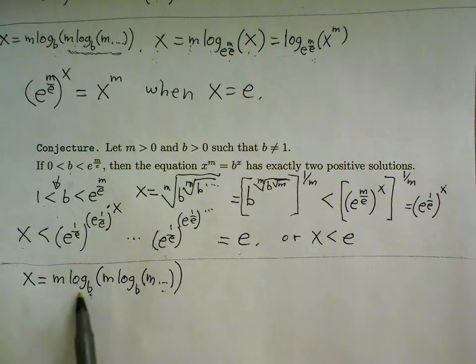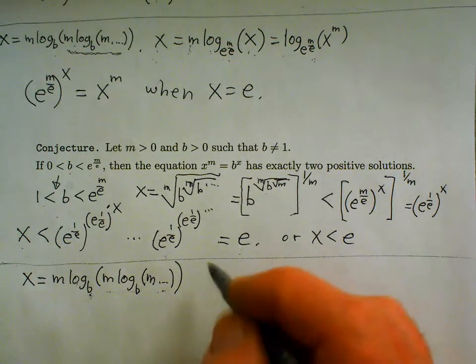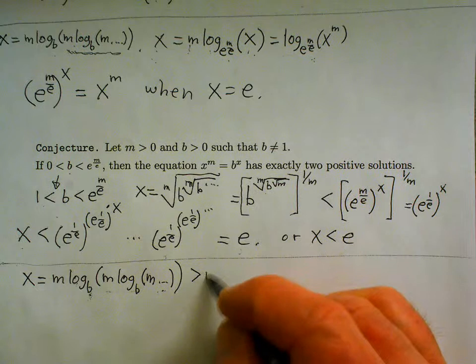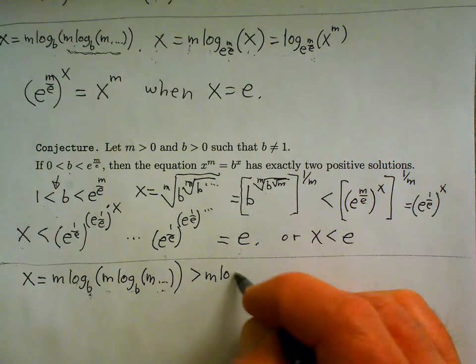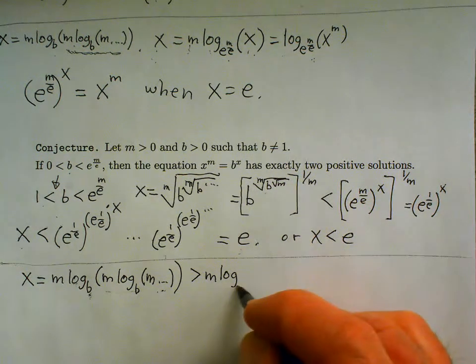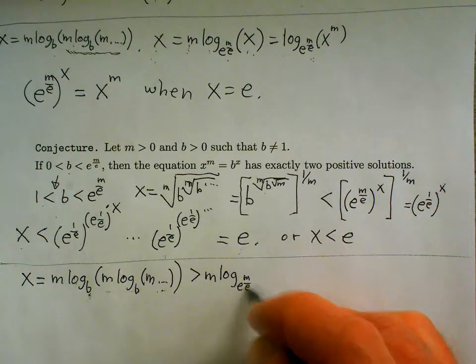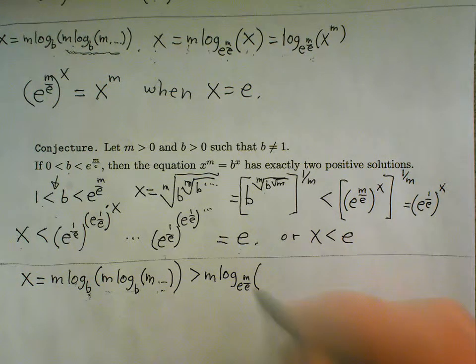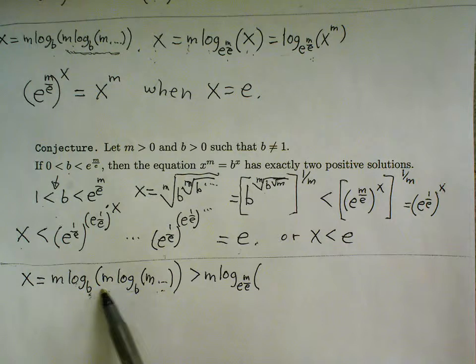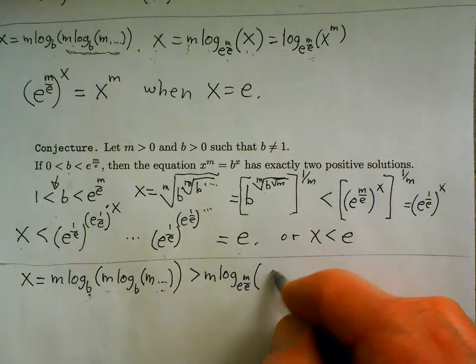So m times log base b of all of this is greater than m times log base e to the m over e of that expression. This expression that's the argument is the same as what x is.